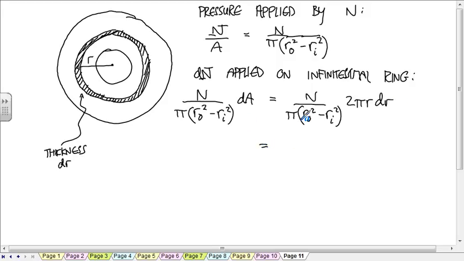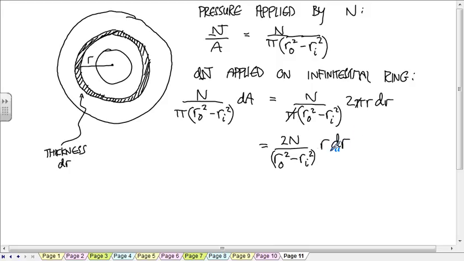So we got 2N over (r outer squared minus r inner squared) times r dr. This stuff is all constants. This stuff is going to be our variable that we're going to integrate with.